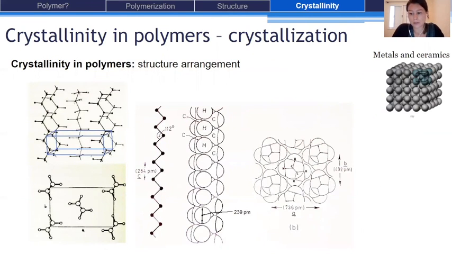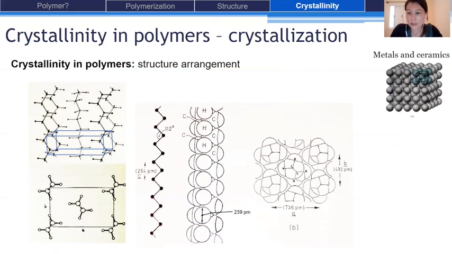So in the case of metals and ceramics, we were able to easily describe the different crystal structures that we obtained. In the case of polymers, we can also describe these crystalline structures, but they are much more complex. In fact, in that case, it won't be the individual atoms that will be placed in the different positions of the crystal structures.